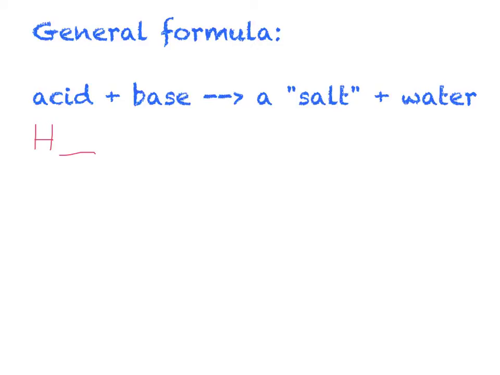In our base, we'll have a metal or the positive polyatomic ion ammonium, and then the anion, the negative part, is usually hydroxide, so OH. Sometimes we see the carbonate ion or the bicarbonate ion as well, and those are some common bases in terms of their negative anion.